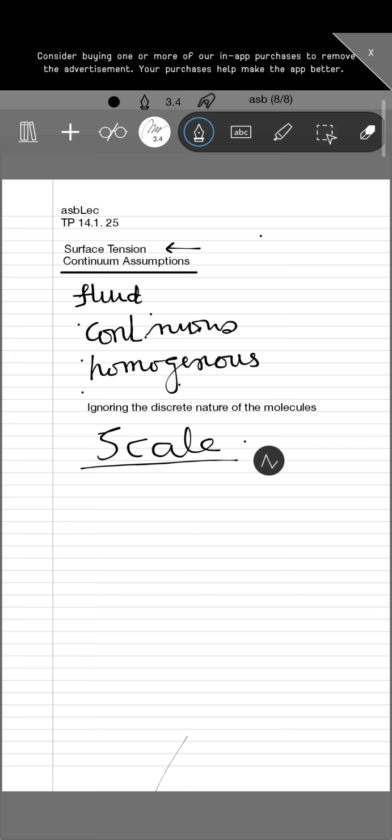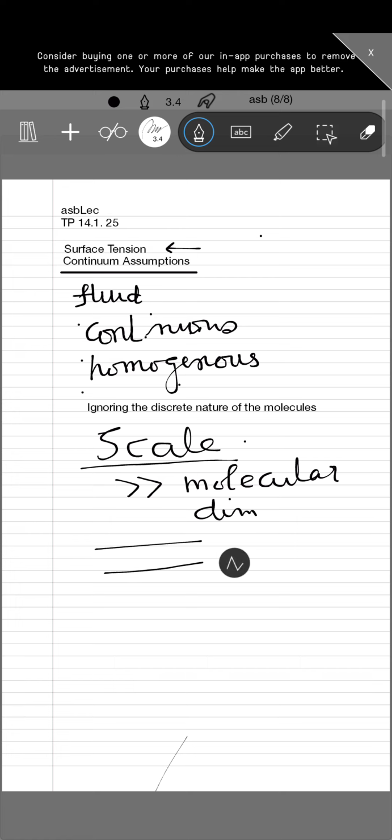That means if the dimensions of the pipe are much larger than molecular dimensions, that is, the length of the pipe is much greater than the mean free path of the molecules.